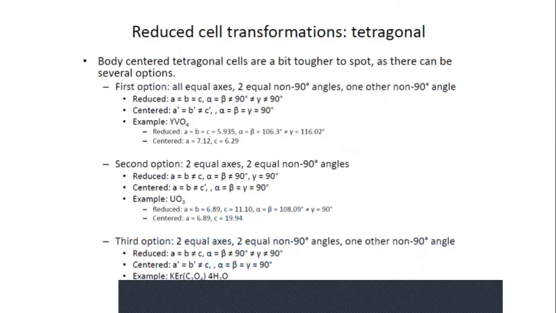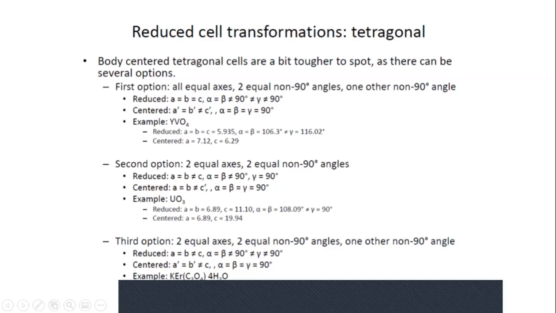So just to show you an example of some reduced cell transformations of tetragonal. Tetragonal has body-centered cells. Our first option could be that we have a reduced cell where a equals b equals c, alpha and beta not equal to 90, and gamma is not equal to alpha and beta, and not equal to 90.